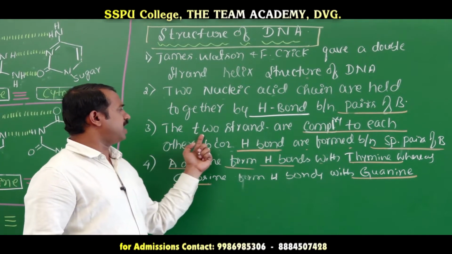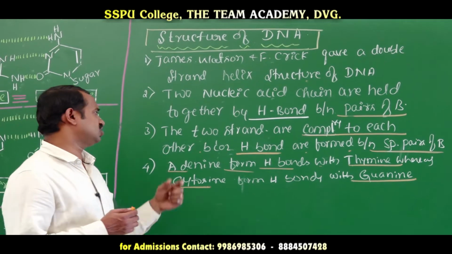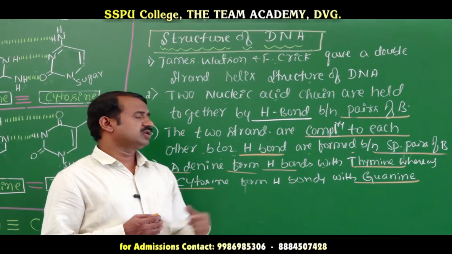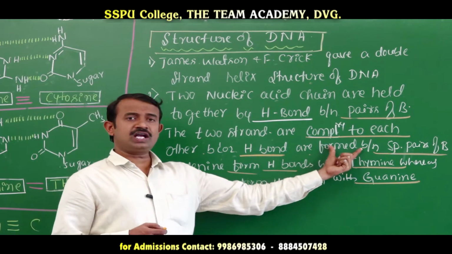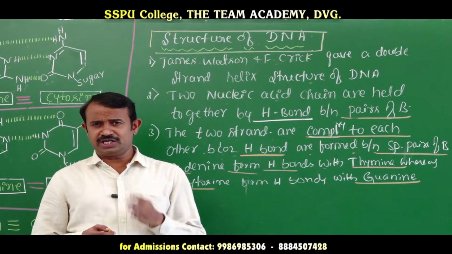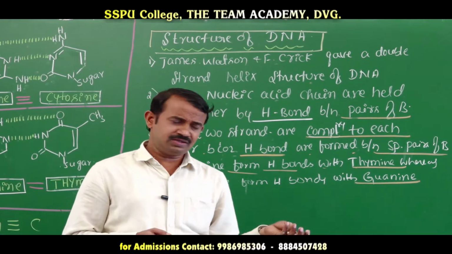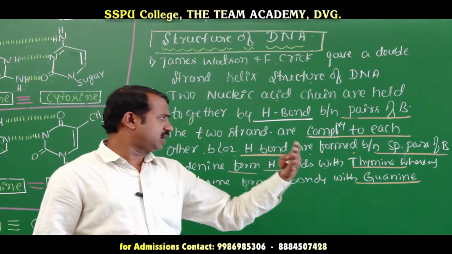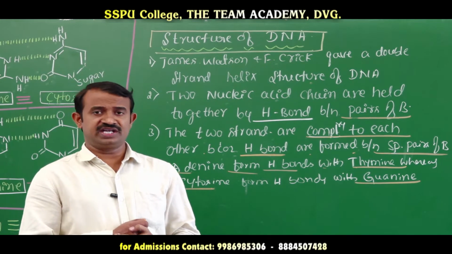Next, the two strands are complementary to each other because they contain hydrogen bonds between the specific pairs of bases. Next, adenine binds with thymine, and cytosine forms a hydrogen bond with guanine. Okay, this is the double helical structure of DNA.